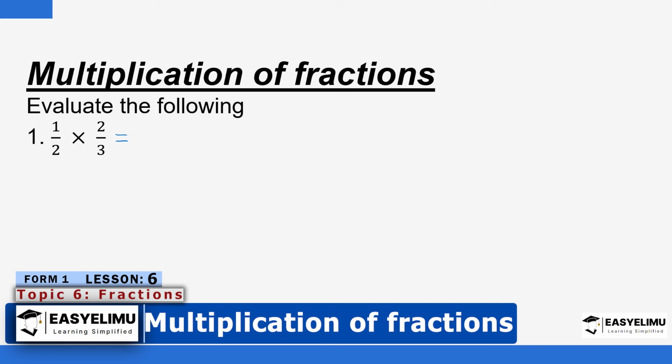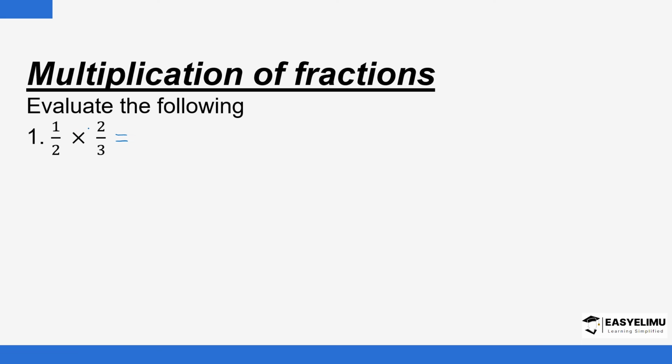The first approach is where you multiply the numerators here, 1 and 2, and you also multiply the denominators here, directly like that. So that is going to be 1 times 2, and then you multiply 2 by 3. So if you do that, we have 2 over 6.